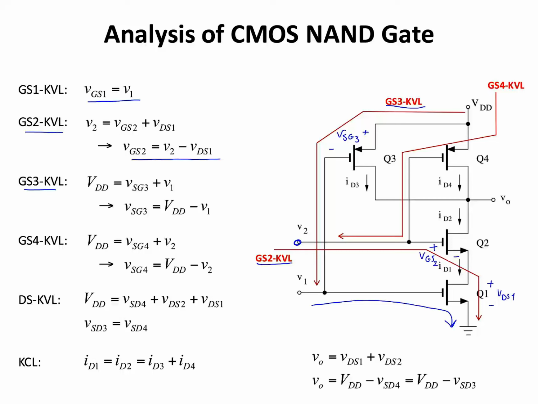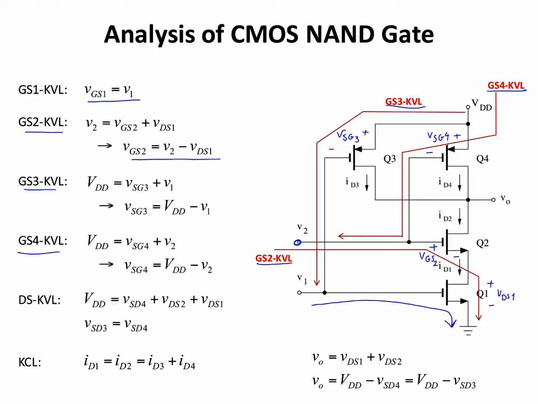How about the gate-to-source KVL for transistor 4, which is this loop here? I have the KVL written here: VDD equals VSG4 plus V2.